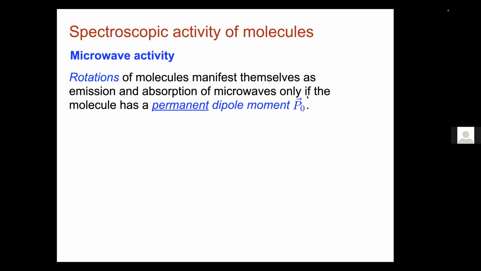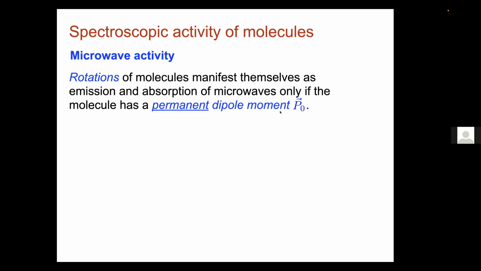Now, when this dipole is at rest, when the molecule is at rest, it doesn't radiate, because with a permanent dipole there are no accelerations, and non-accelerated charges cannot radiate or absorb radiation. Okay, but now if the molecule is rotating, this is going to be rotating, and then this has an electromagnetic activity.